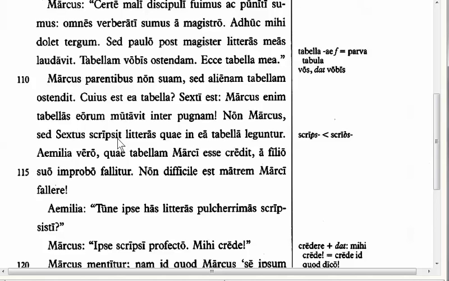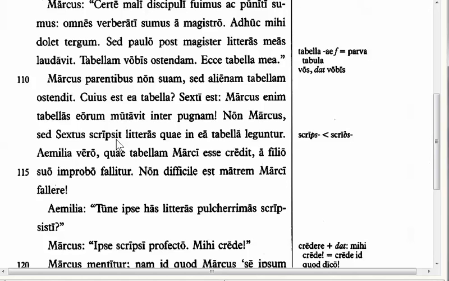So if we were going to conjugate scribere fully in the perfect, we'd have scripsi, scripsisti, scripsit, scripsimus, scripsistis, scripserunt. And the dictionary form would be scribo, scribere, I write, to write. Present stem just scribe, and perfect stem scrips.